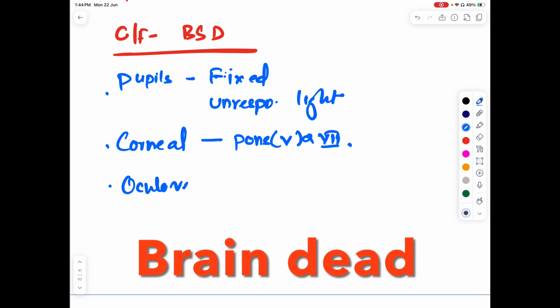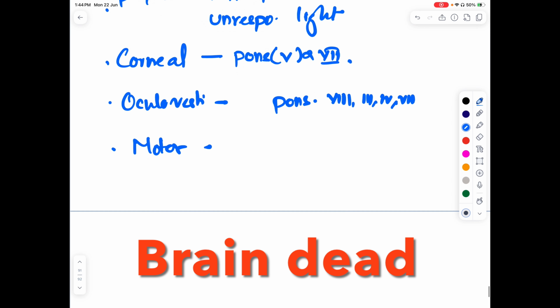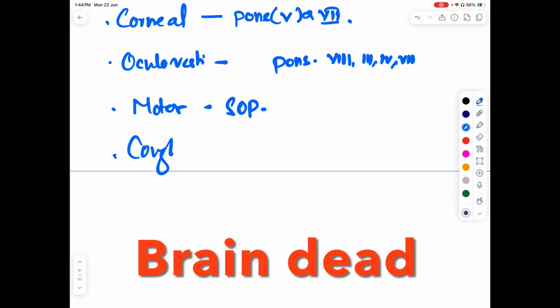Oculovestibular: no eye movement following slow injection of cold water, which again tests pons, 8th, and 3rd, 4th, 6th nerves. Motor response: you check any somatic area response, like supraorbital pressure, or pressure applied to the nail bed. Cough reflex: bronchial stimulation with a suction catheter, or gag reflex.